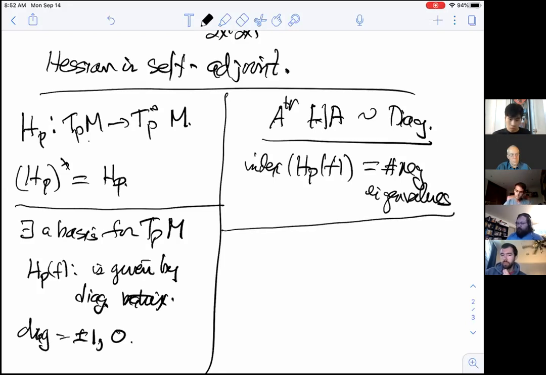It's a symmetric form on the tangent space at a critical point.